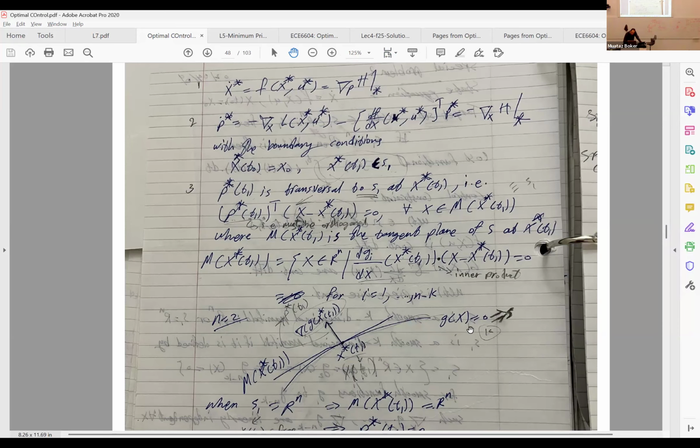And that manifold represents S1, which is the final surface. If you take the gradient of G at x of T1, that gradient should be perpendicular to the tangent.